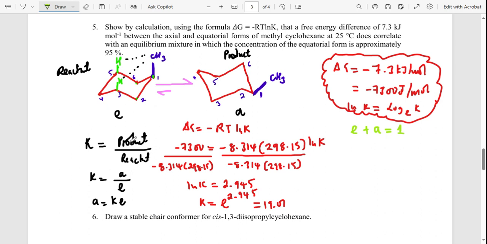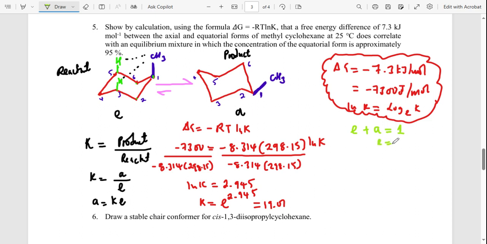And I told you earlier that this is the equation here. K is equal to A over E. And we said that A is equal to KE. So what are we gonna do? I can make this same equation here. One of these guys is subject to the formula. So I can just say, let's make E the subject of the formula.